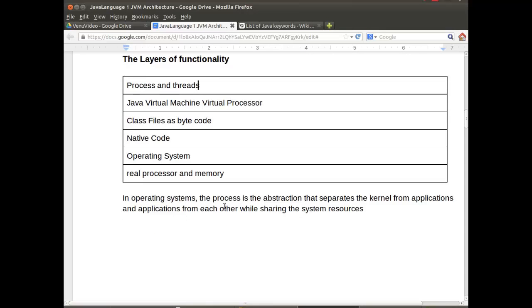In operating systems, the process is the abstraction that separates the kernel from applications, and applications from each other, while sharing system resources. So that's a general definition of a process, and our Java Virtual Machine is a process. So these are the layers.